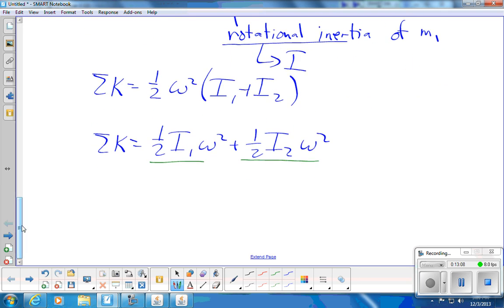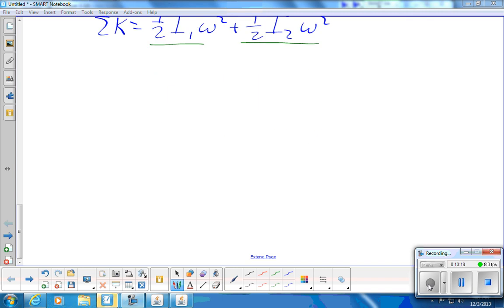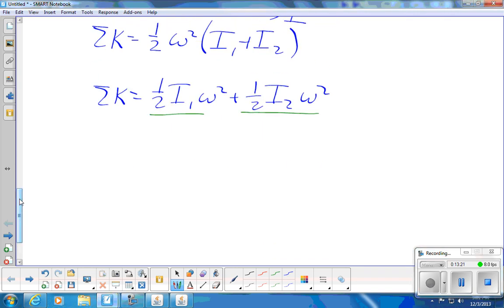Okay, I want to make 3 points, I think, if I can count, about what we've done here. Okay, one is that we have defined this quantity, rotational inertia. We have an equation for it, which is mr squared. However, this equation is only valid for a point mass.